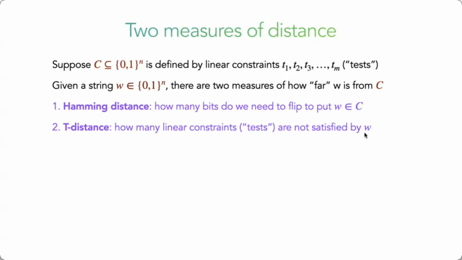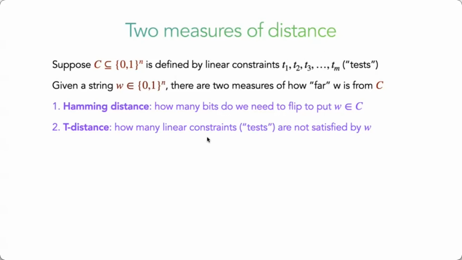If W is not in the code, some number of the tests are unhappy, maybe 0, maybe m, maybe something in between. And I can define this to be some kind of measure. Now, this measure is not independent of the tests. I can take a linear combination of these tests, get some other T primes, and the measure will be very different. But per a specific choice.